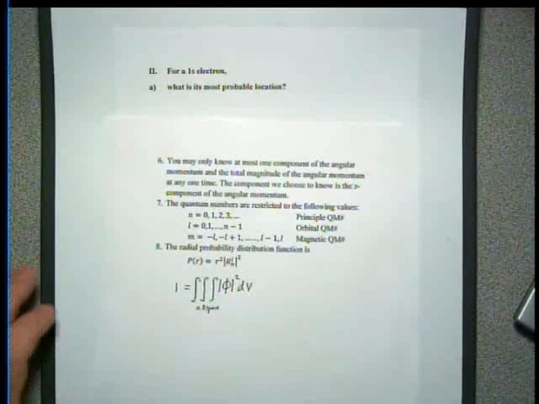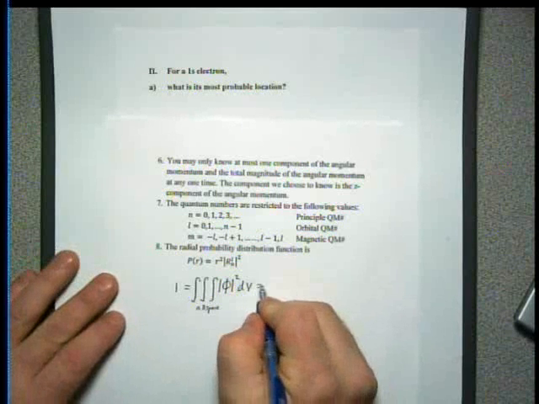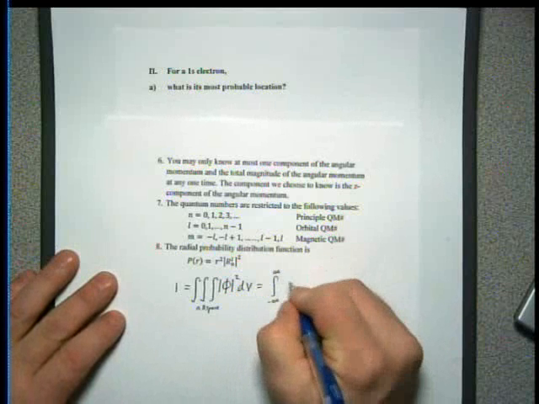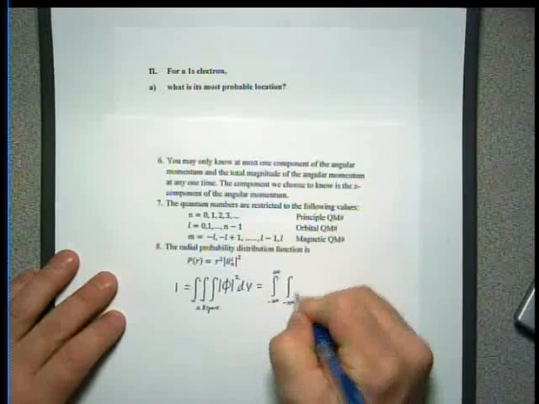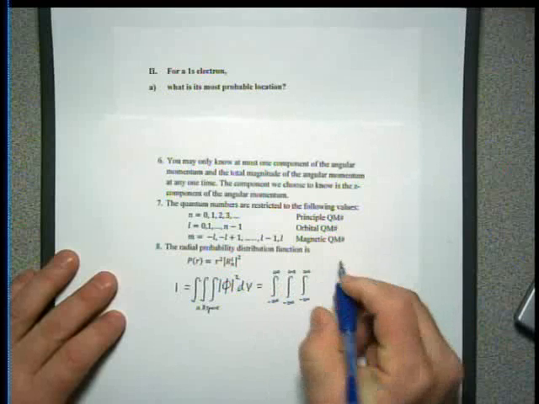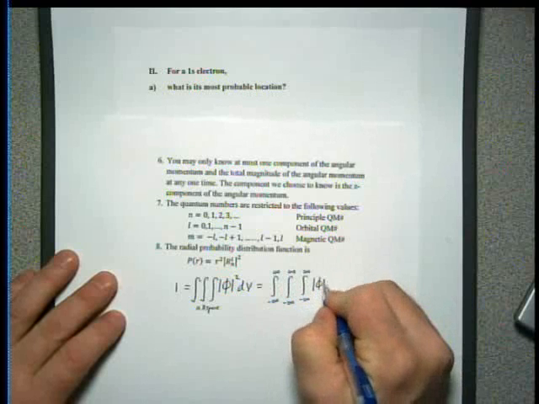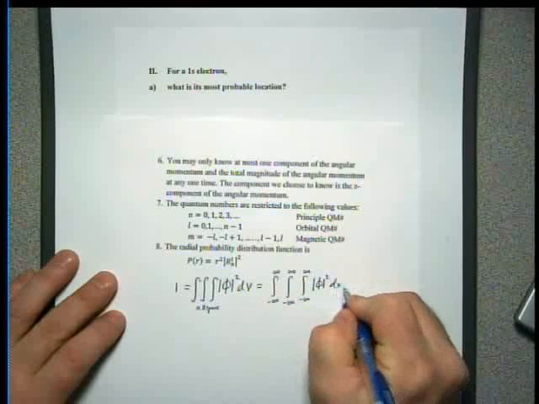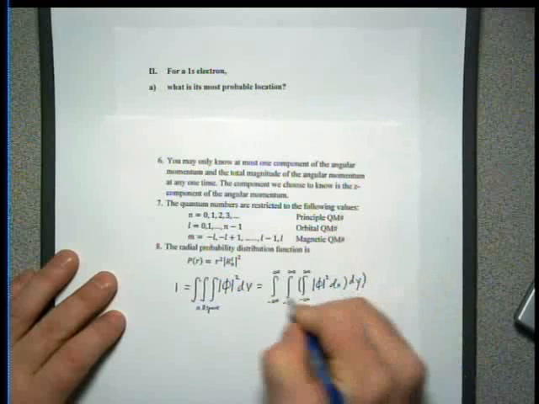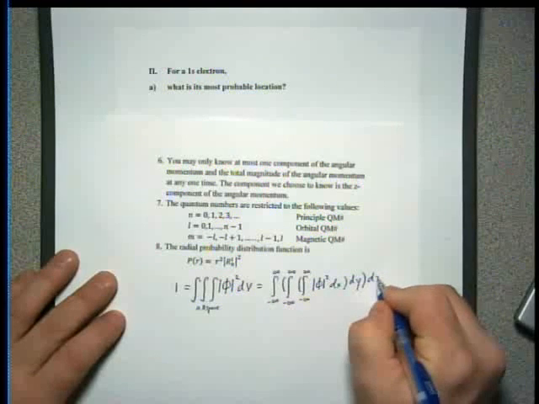So for instance, back in X, Y, and Z land, it looked like this. It went from minus infinity to infinity, minus infinity to infinity, minus infinity to infinity. We were integrating over dx, then we were integrating over dy, and then we maybe integrated over dz.